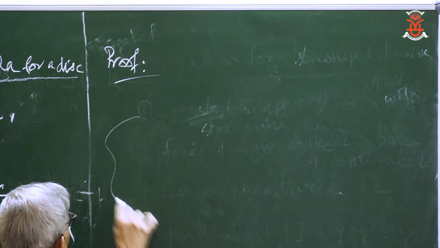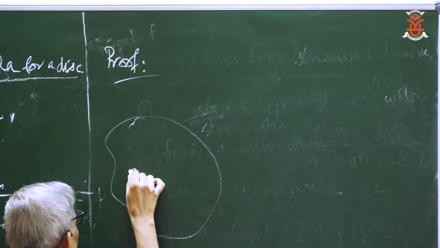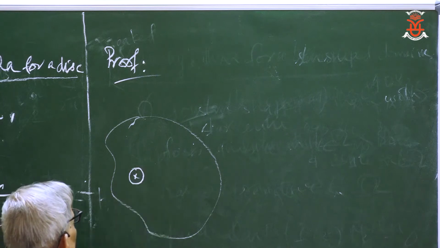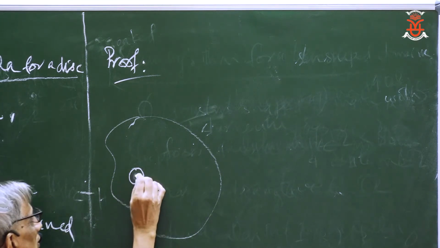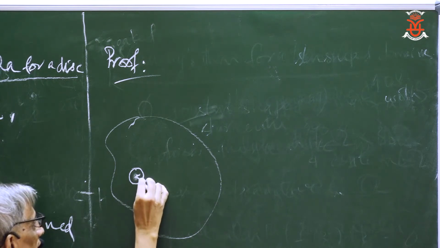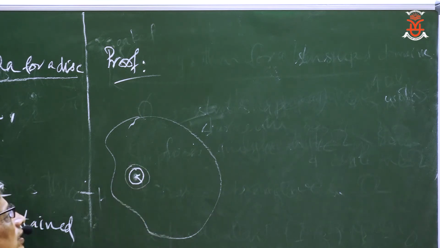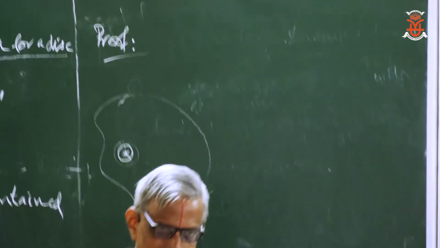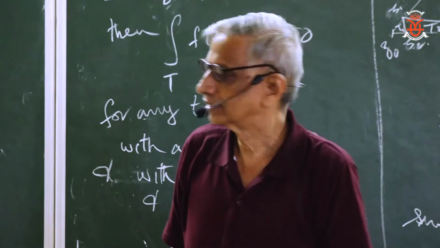Okay, let us do some. That is zeta and this is R and so on. So take a slightly larger disk around that.